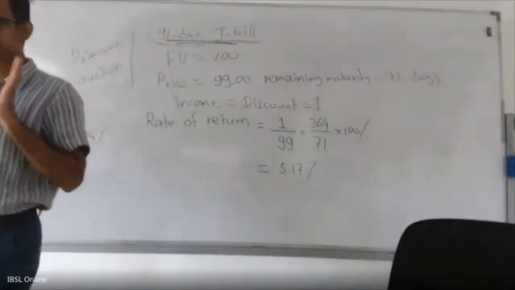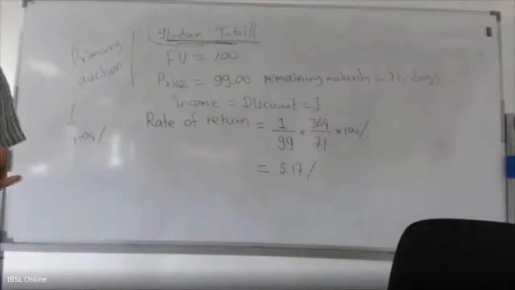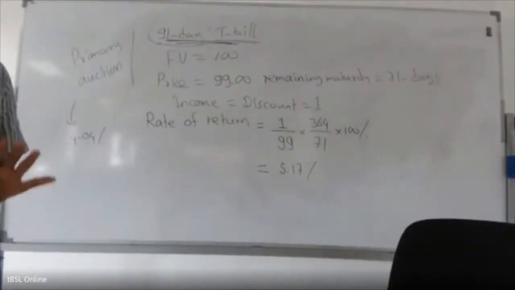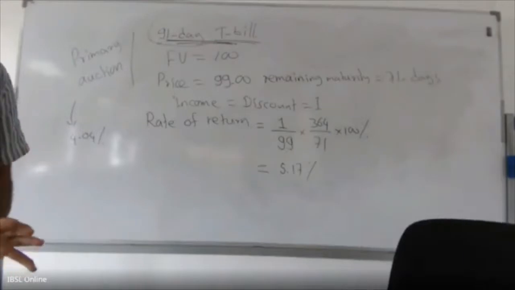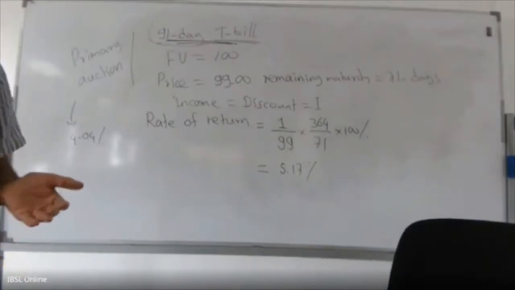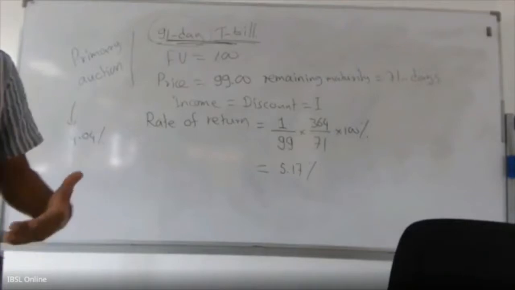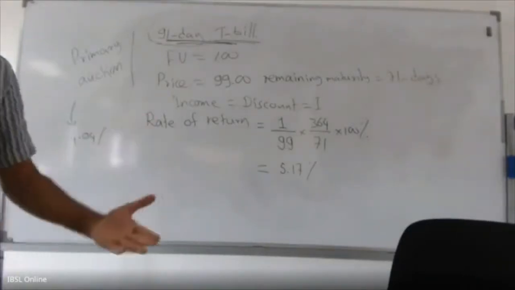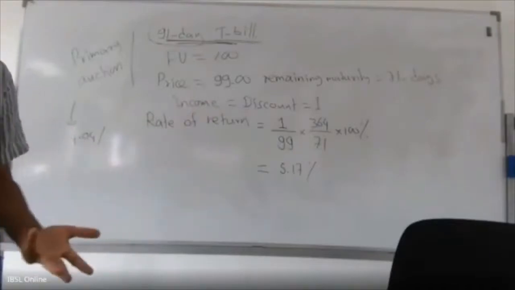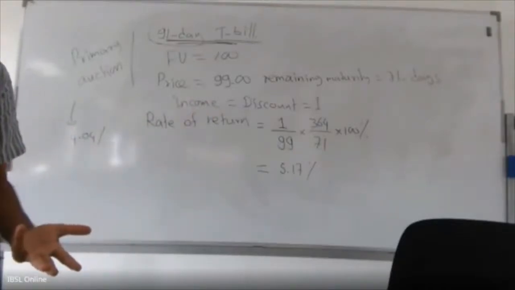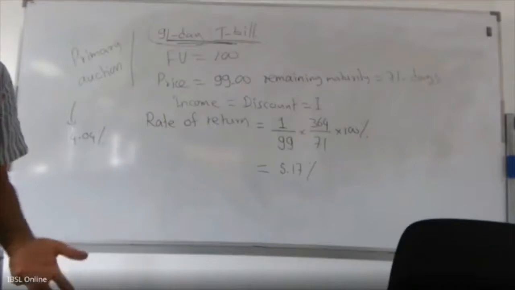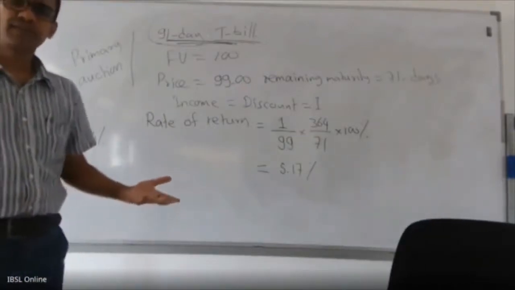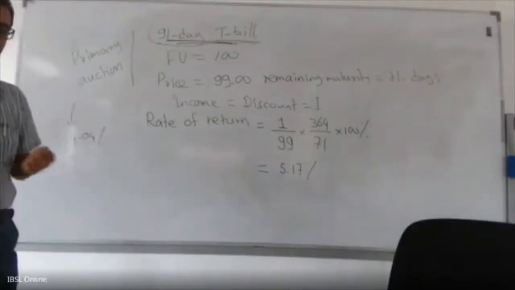So don't go by the absolute figure. You have to think about the rate of return. Say you invest 1,000 rupees and after 1 year you earn 10 rupees, and you invest 100,000 rupees and earn 10 rupees after 1 year. Is it the same?